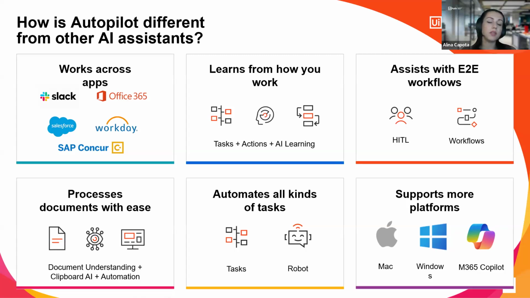It can assist with end-to-end workflows. It can process documents with ease. We have built-in document understanding. It can automate all kinds of tasks, and it is supported on multiple platforms. We have an integration with Copilot as well.